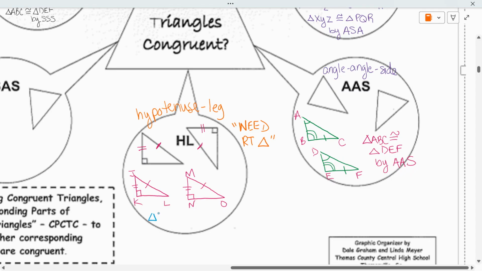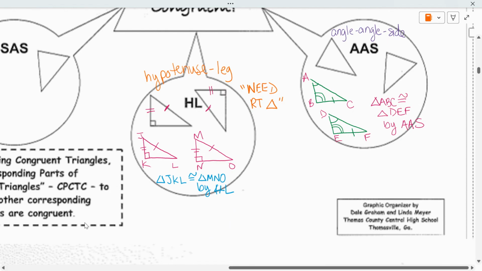So triangle JKL is congruent to triangle MNO by hypotenuse leg, and we just say HL. You can tell if that's an H or not, but it is, I promise. HL. Okay.